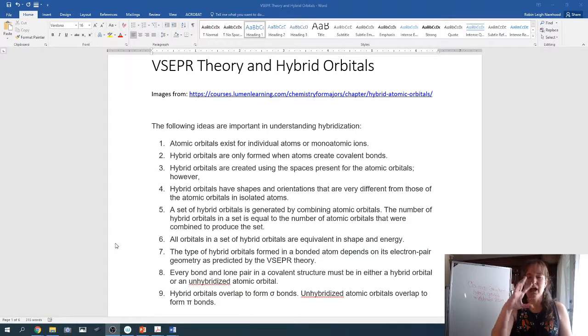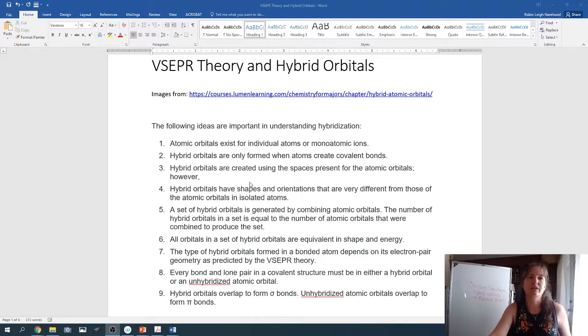If something has covalent bonds or metallic bonds, these atomic orbitals in the outermost energy level don't exist the way that we had thought of them originally. Hybrid orbitals are only formed when atoms create covalent bonds. There is one element that doesn't create hybrid orbitals, and that is hydrogen, because it doesn't have any other orbitals to combine with to create new orbitals. It only has the s orbital.